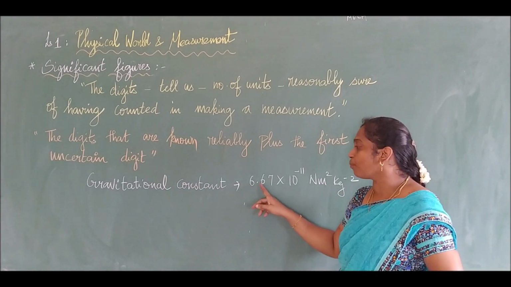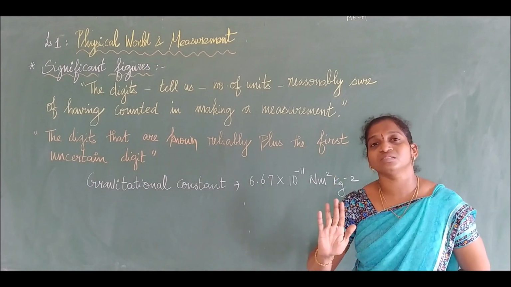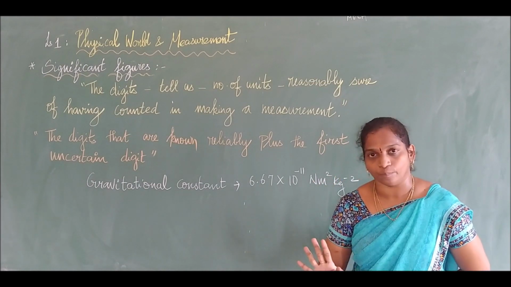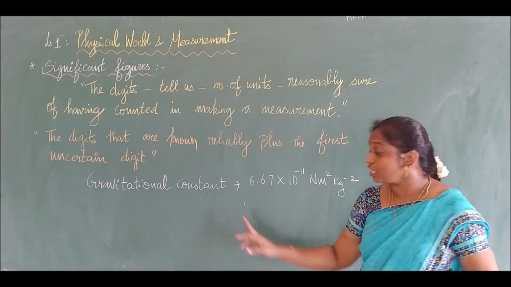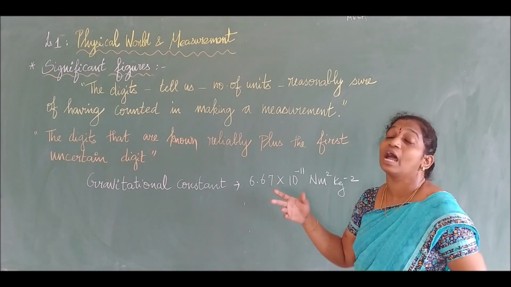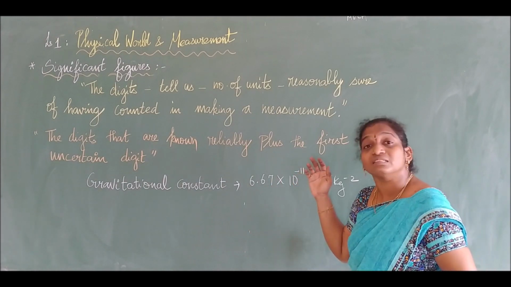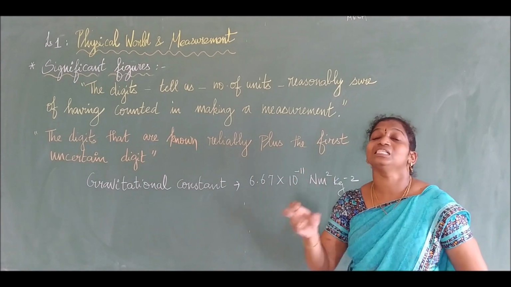The 6 and the 6 are reliable. It is a very standard value. We are not able to change it. If some other group gives 5.5, that's wrong, right? The 6.6 is always reliable, but the third digit, the 7, is unreliable. Sometimes we can say 6 or 7 or 8, so we are not able to have certainty in that value.